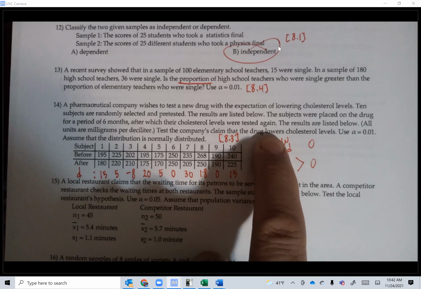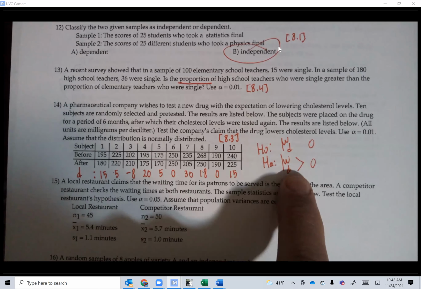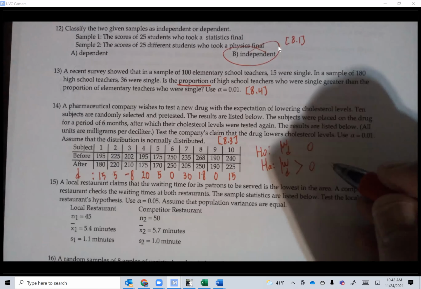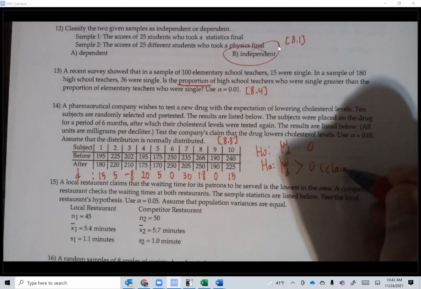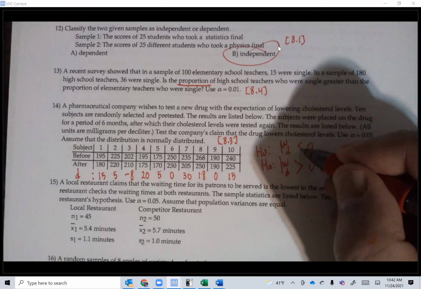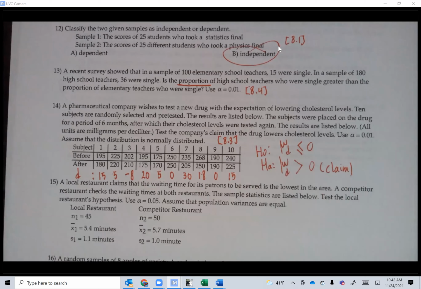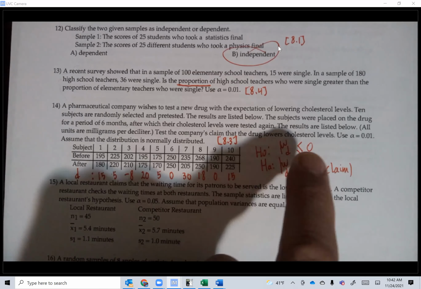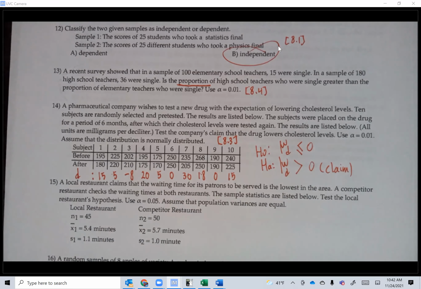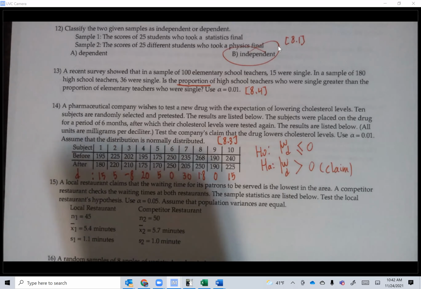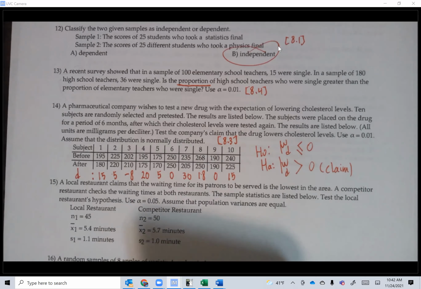We need to go greater than 0 if we do a difference greater than 0, and that's the claim. If this was higher, then you would do less than 0 here. It would be the total opposite. So the first step, guys, before we do anything, we have to put the data in L1. So let me just do that.